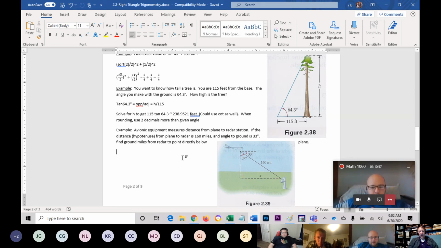So you'd use sine of 57 equals x over 160. And then we could simply solve for x. Exactly, so x is going to equal 160 times the sine of 57. Are there any other ways we could do this?